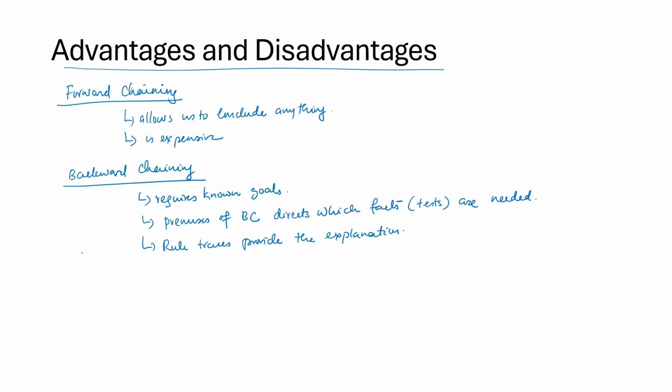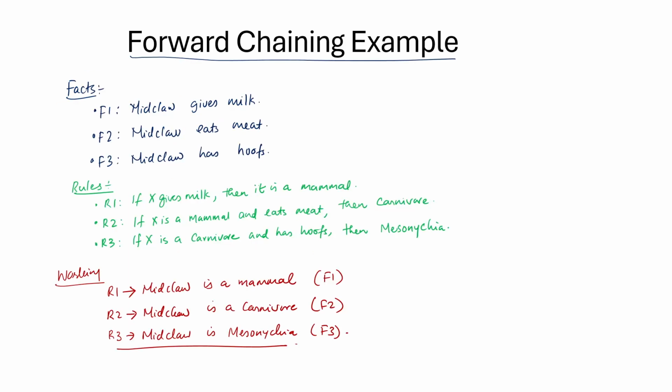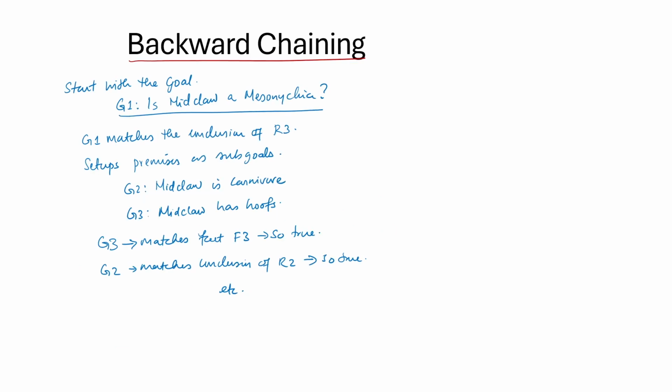Hopefully this makes sense. Let us briefly look at this. We took an example of forward chaining: take all the rules and apply them sequentially to each one of those facts, and from there conclude, whereas in backward chaining we set up a goal and work backward.